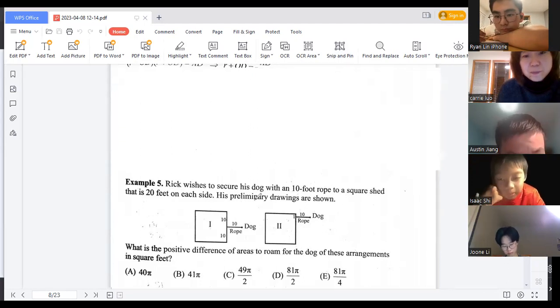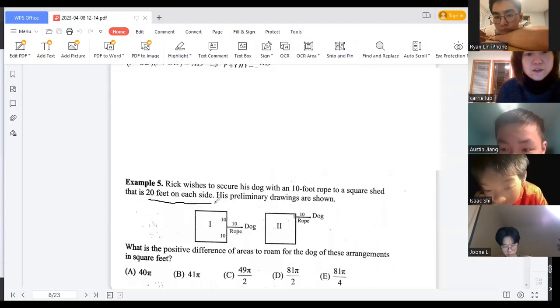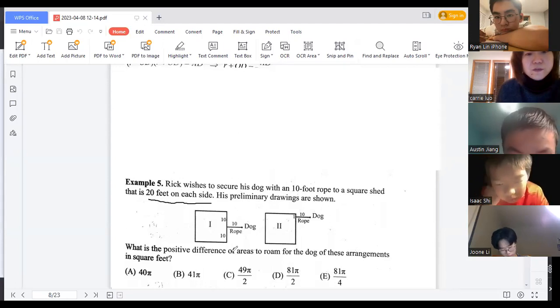His preliminary drawings are shown. OK，它只有一个10米长的绳子，对不对？然后它要把这个狗拴在这个正方形的 square shed，20 by 20. Okay, what is the positive difference of area in square feet of the region for the dog of this arrangement?